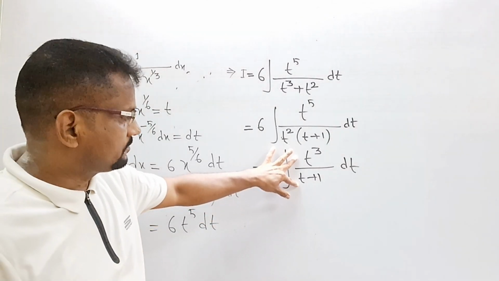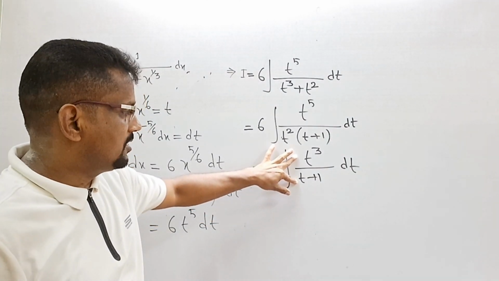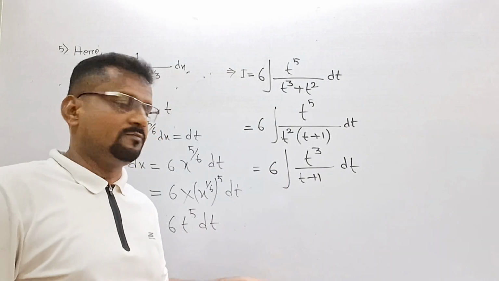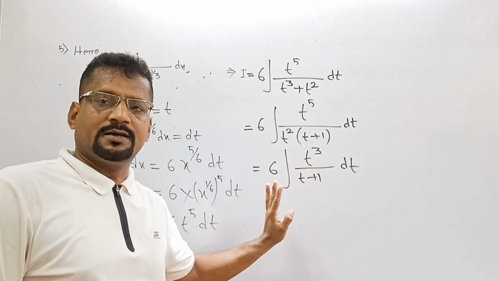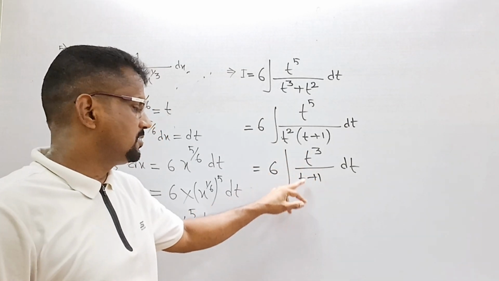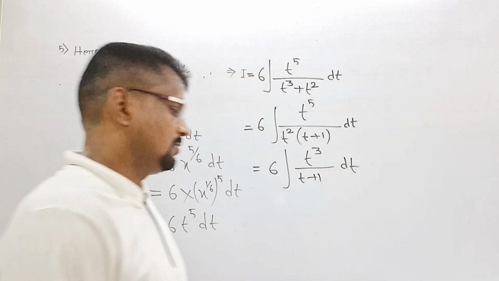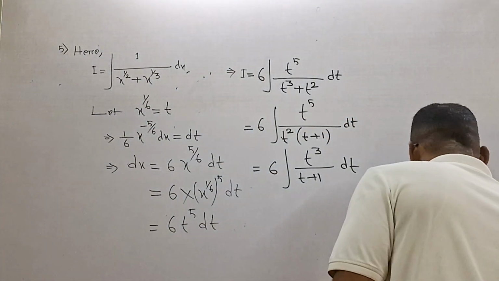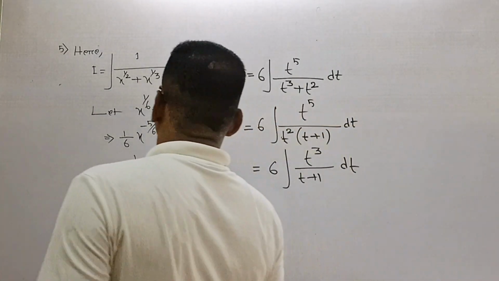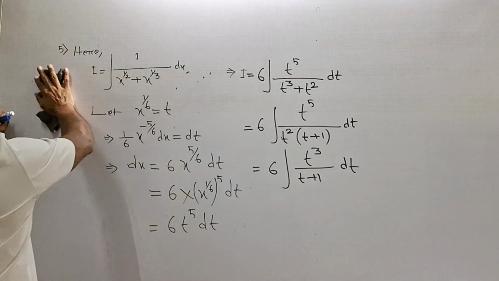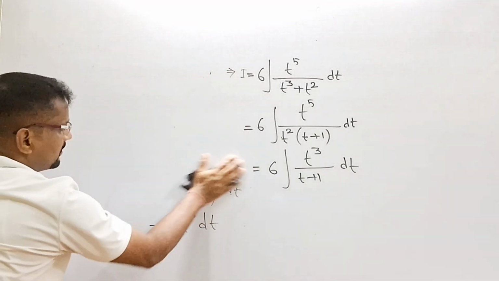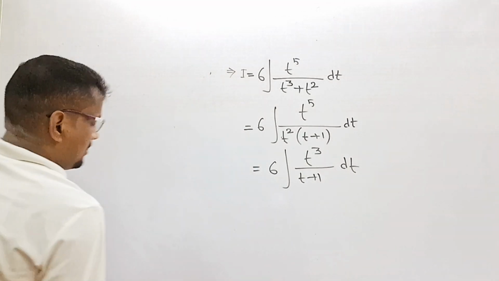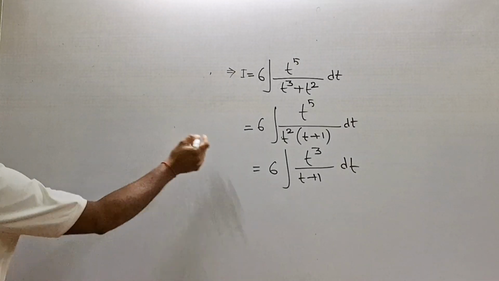But this rational function is not a proper rational function because the degree of the numerator polynomial is greater. That's why you have to divide t cube by t plus 1. So let's do that. Let me show it in detail.